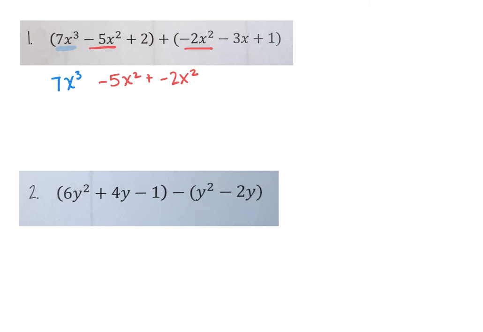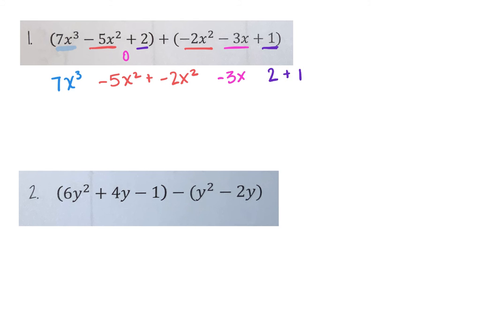All right. Let's look at the next group. I actually have this, negative 3x. Can it combine with anything in the first group? It cannot. So the negative 3x stays a negative 3x. Let's look at the last one. Positive 2 plus positive 1.